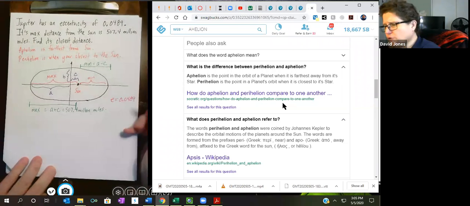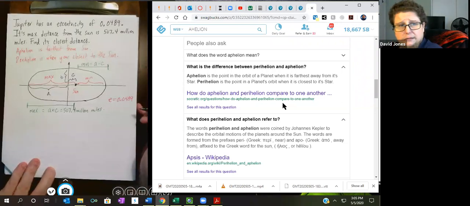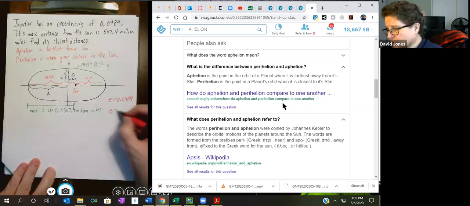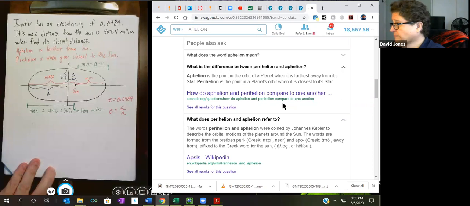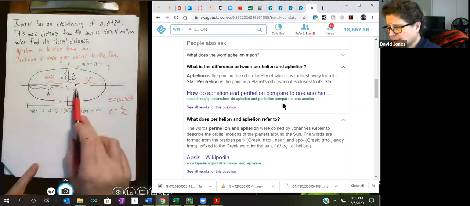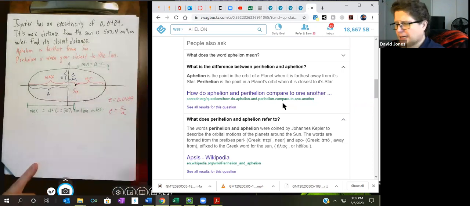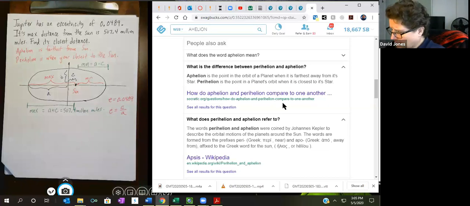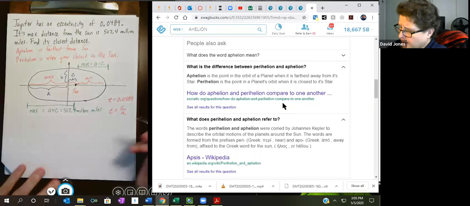What else do we know about E right here? The way I set it up, E equals C over A. I chose that as my major. I could have done it vertically and used B, but the way I drew it, it's easier on a page to go horizontally. So what does this tell me?